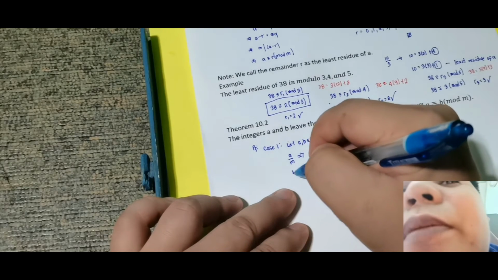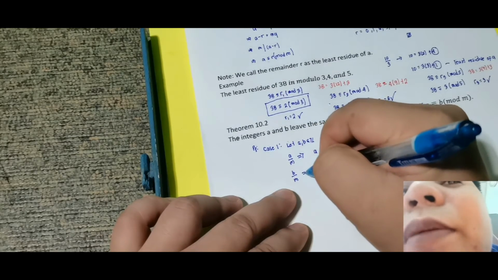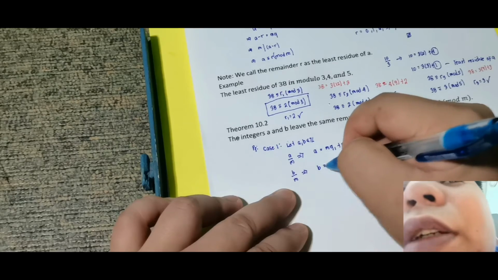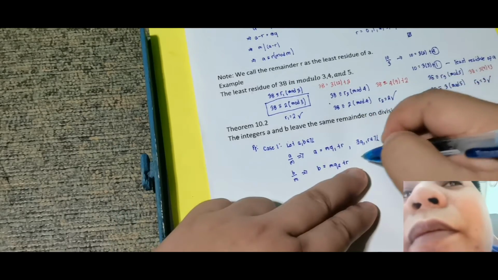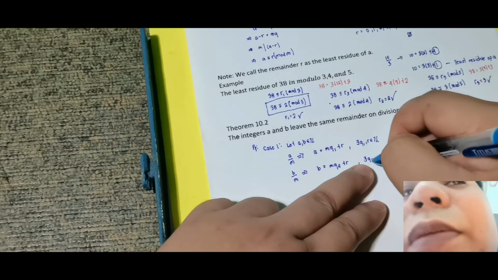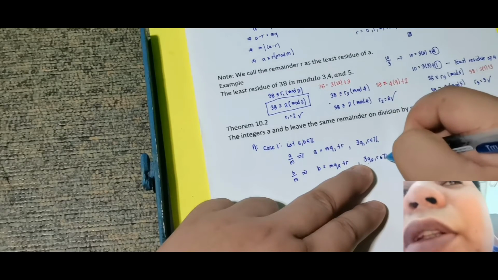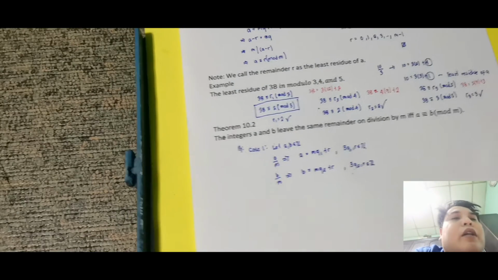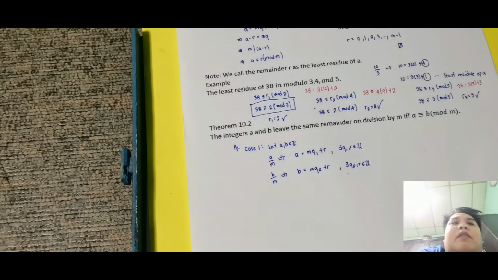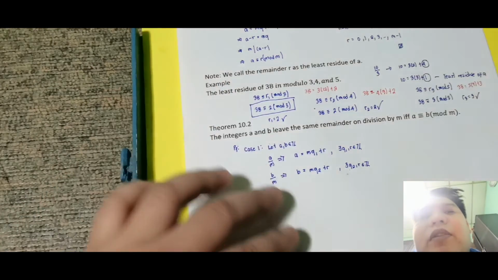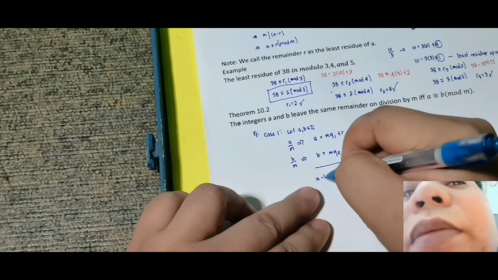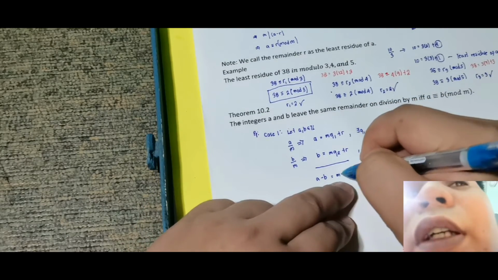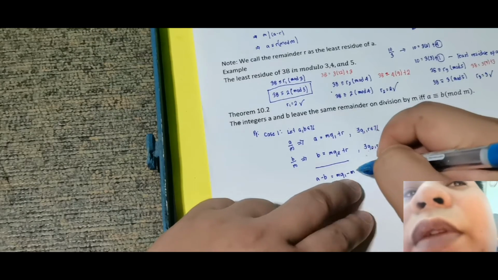Next, suppose I divide b by m. This implies by the division algorithm that b is equal to m q sub 2 plus r, for some q sub 2 and r also elements of integers. So those are what we get. What would be good to do to get our result? Suppose I subtract these two. Then a minus b is equal to m q sub 1 minus m q sub 2.